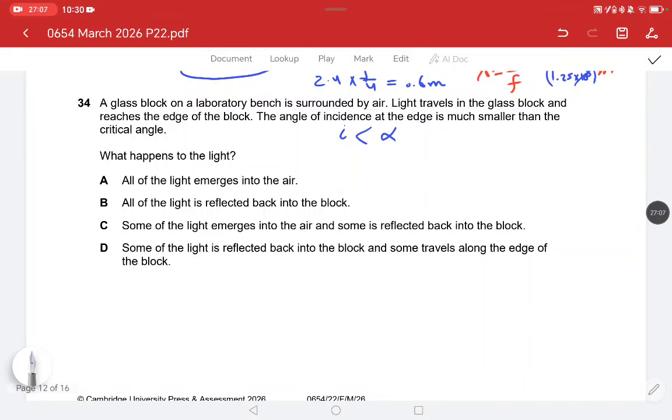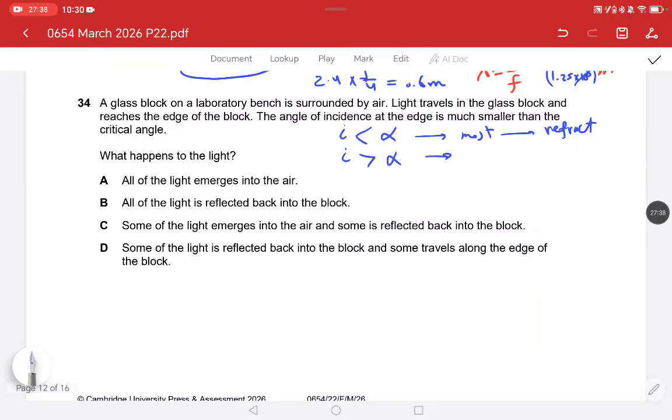So in this case, you have to remember the three cases that you have. If I is less than alpha, it means that most of the light should refract. But if I is greater than alpha, in this one, it should be what?